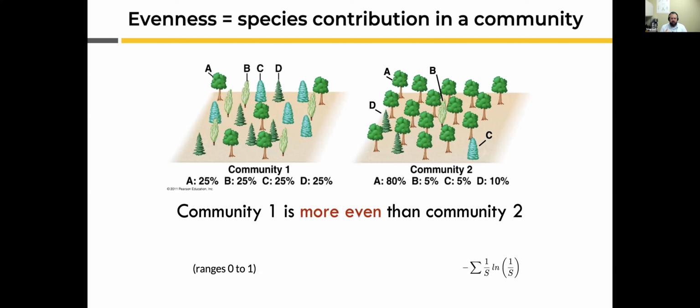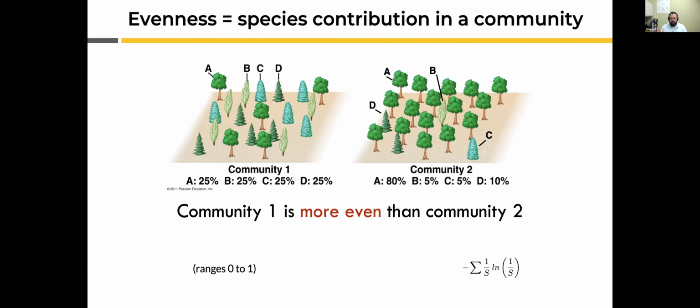So as I said, alpha diversity is richness and evenness together. Again, community 1 has equal ratios of each of the 4 types of trees. Community 2 has the same amount of richness, so again, 4 different species, but those species occur in different ratios.